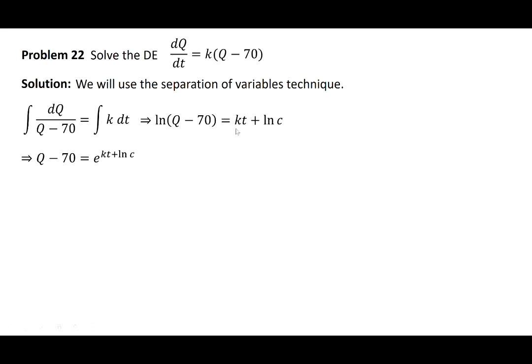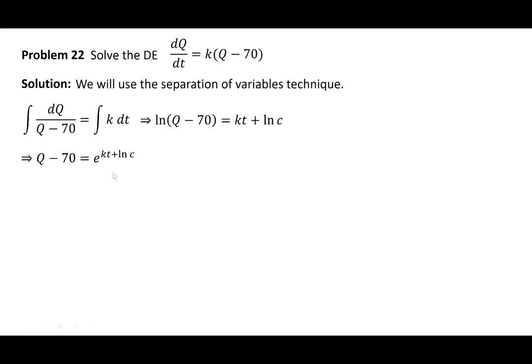That is okay. So when you do, e to the natural log of something is whatever that something is, and so we have Q minus 70. And this is e to the quantity kt plus natural log of C. That's what we have. Now, obviously, the right-hand side is equal to C times e to the kt.